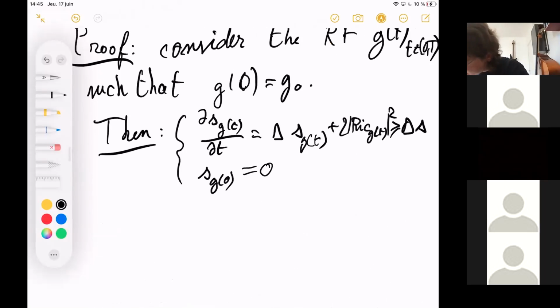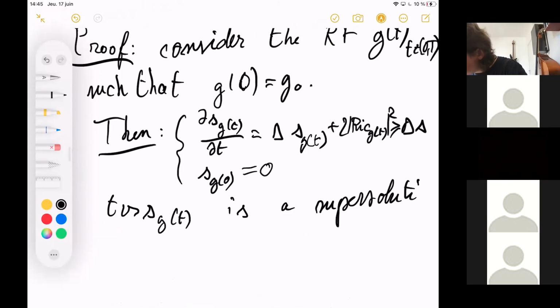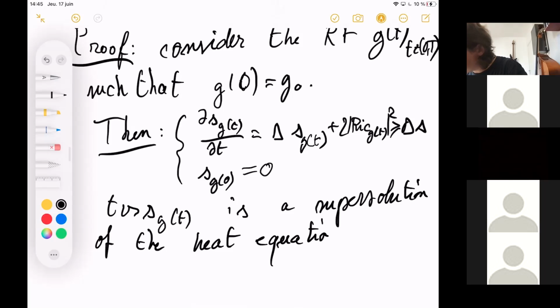So we have this evolution equation. This function is a supersolution of the heat equation, and they do satisfy a maximum principle.